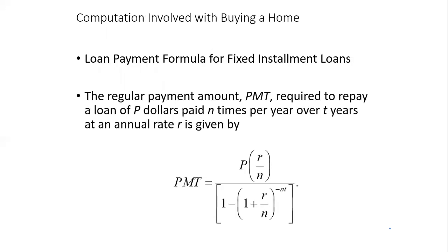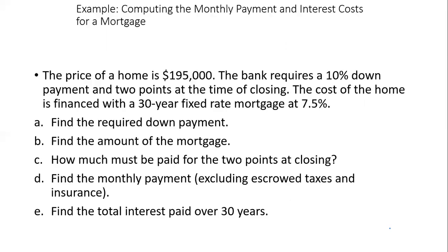Okay. Like I said, the loan payment formula for cars is the same one here for homes. So we're dealing with the same formula as last time. It's number 9 on the reference sheet.